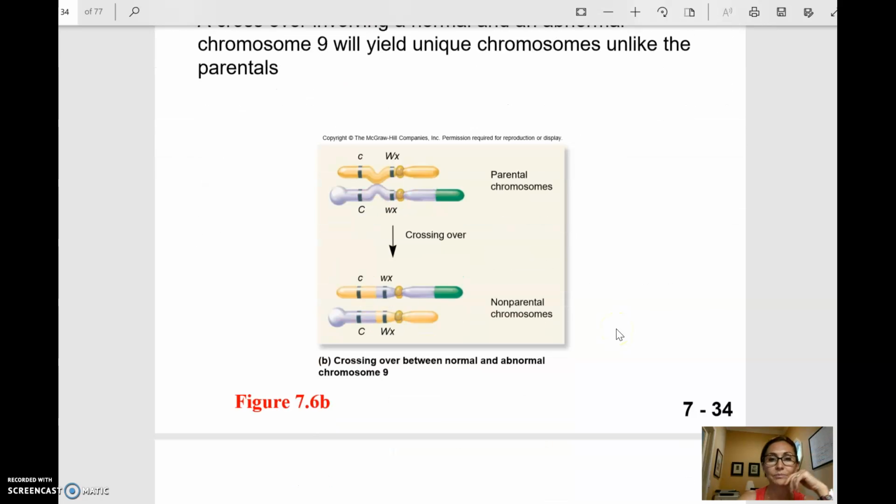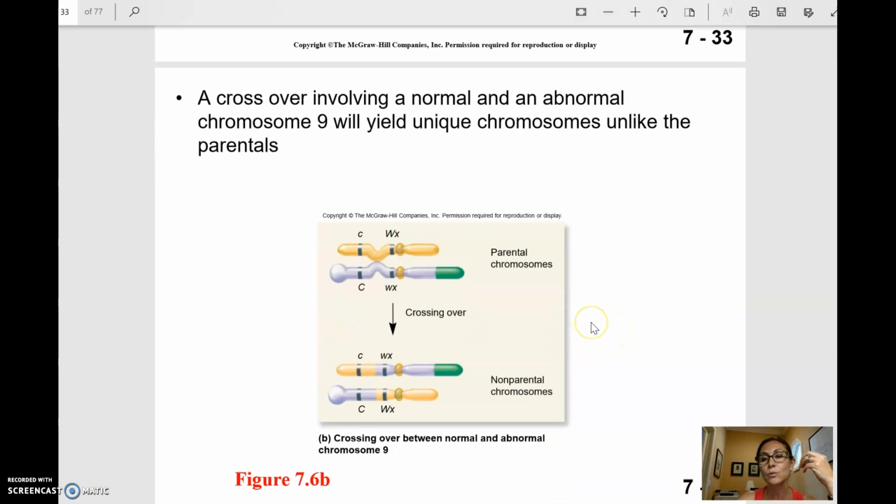It turns out that when you look at the parental chromosomes, remember chromosome number 9, the normal one in this particular case is carrying the recessive allele for color. So C equals color, and WX is waxy.